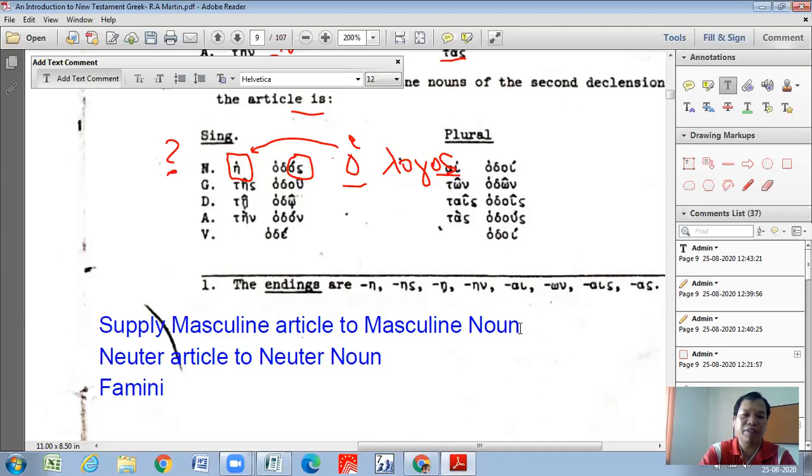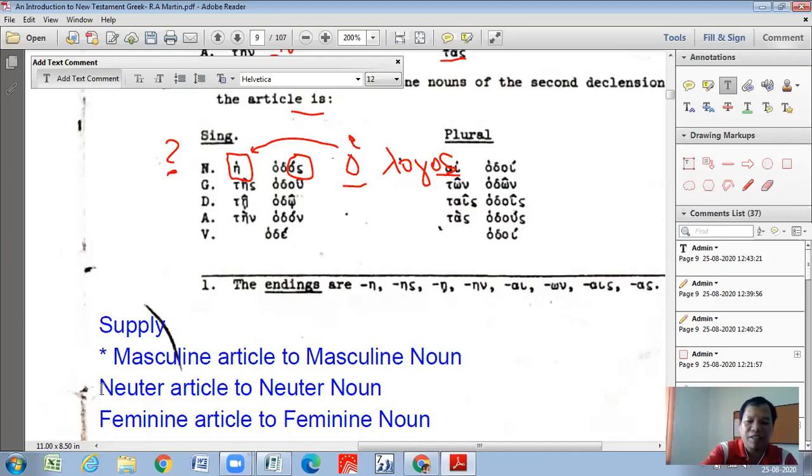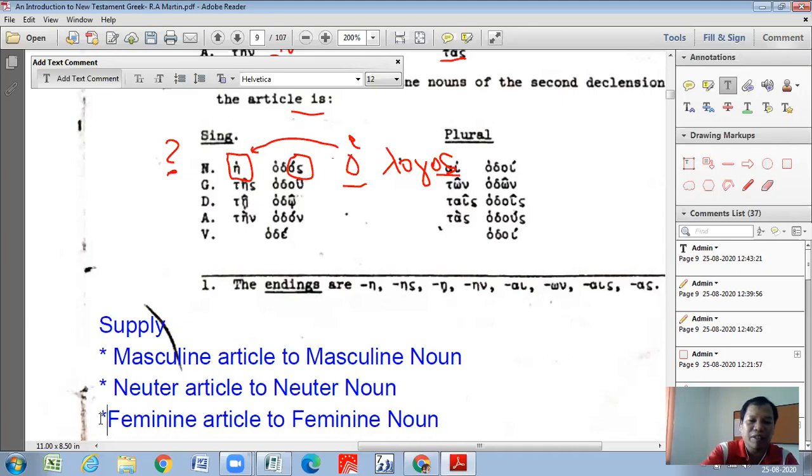Feminine article to feminine noun. Sister Hepzibah, did you get it? Let me put it this way. Don't forget this. I'll come back to you. I'll give a little more explanation so that you will never forget it.